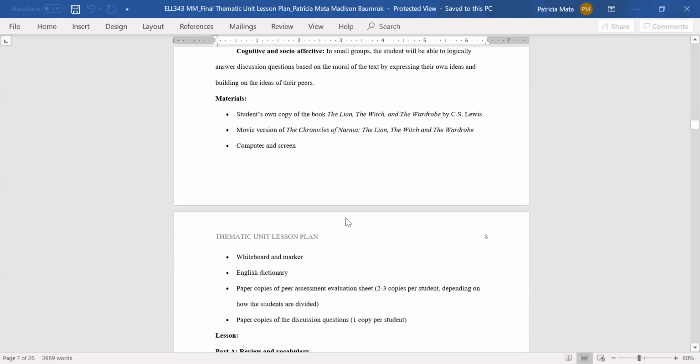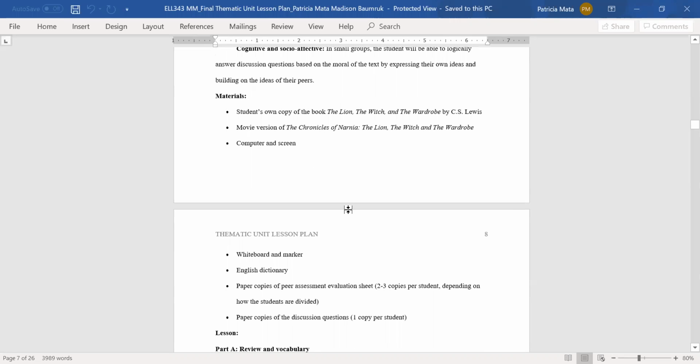So the materials that would be used in this lesson are, the students would be required to have their own copy of the book, The Lion, the Witch, and the Wardrobe by C.S. Lewis. Hopefully they all have the same format so that when you assign page numbers, they would all have corresponding pages.